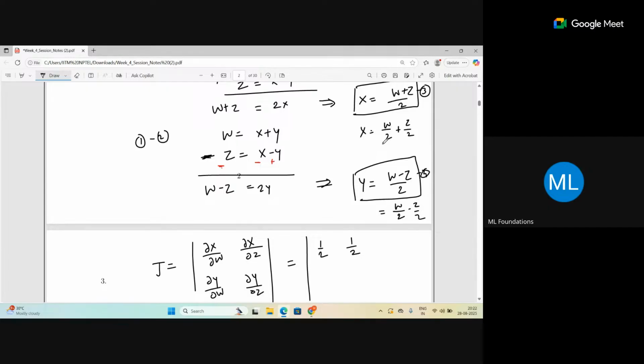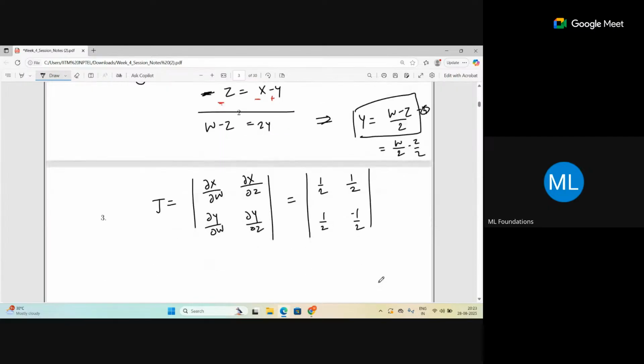Differentiating with respect to w gives half, and with respect to z gives half. Here also it is half, and this is minus half. So the determinant will be minus 1 by 4, minus 1 by 4, that is minus 2 by 4, which is minus 1 by 2. This is the determinant of the Jacobian.